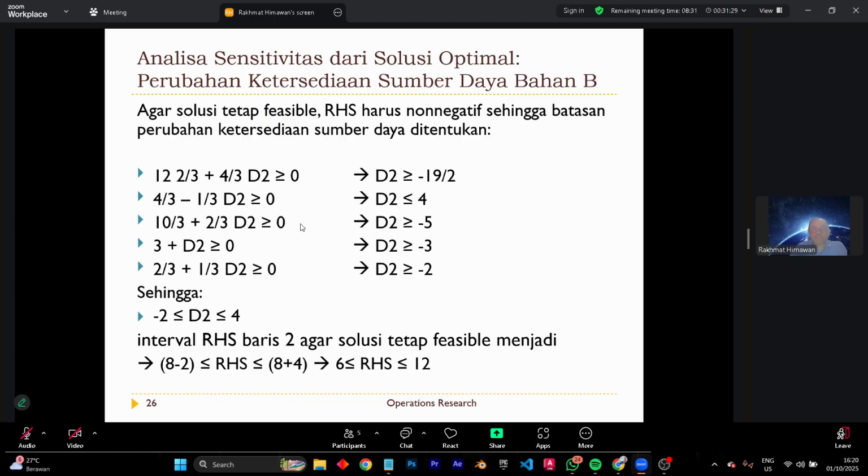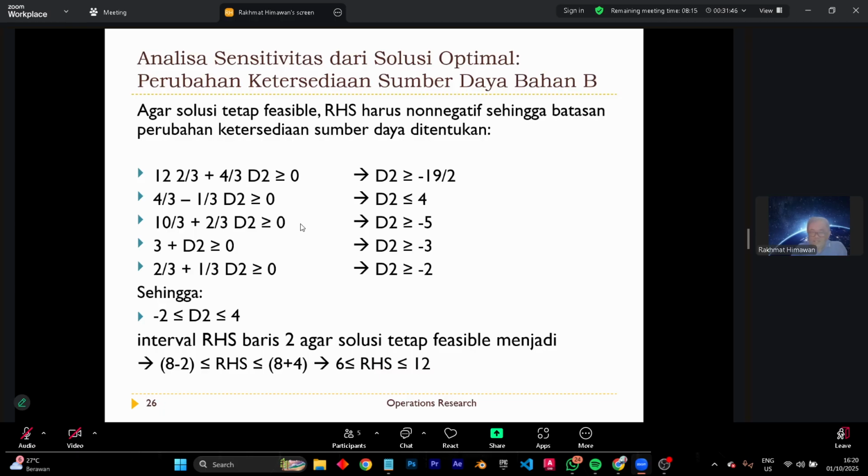Is it still going to be fine? What if the supplier next month will not be able to send 8 of raw material B, only 6? Is it still fine?